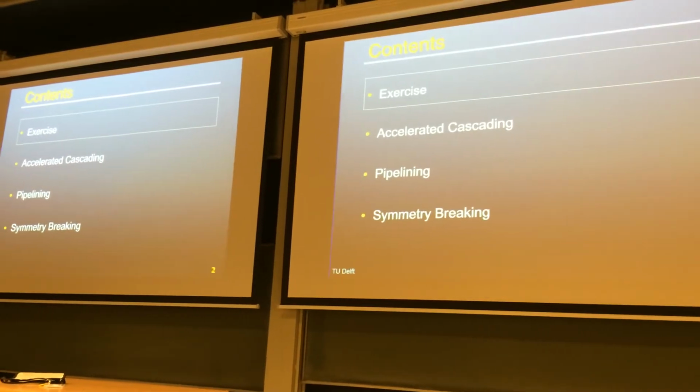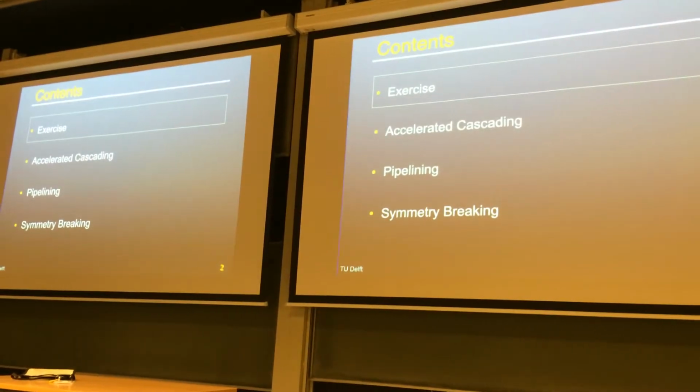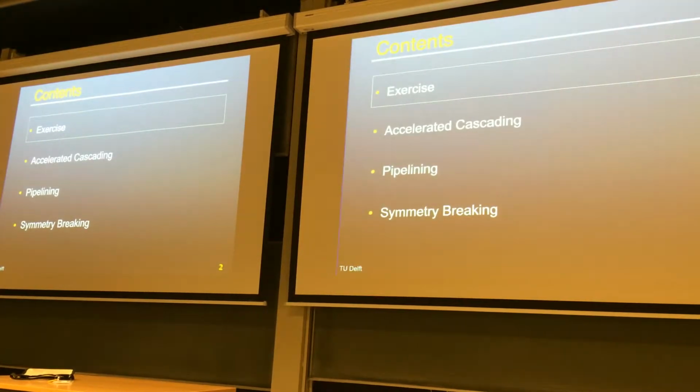this exercise. And then we will discuss three remaining basic techniques, among them accelerated cascading, which is a technique to combine basically two algorithms in order to transform an algorithm that's not weakly optimal into a weakly optimal one.